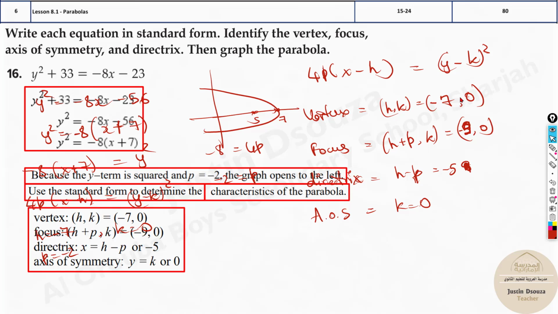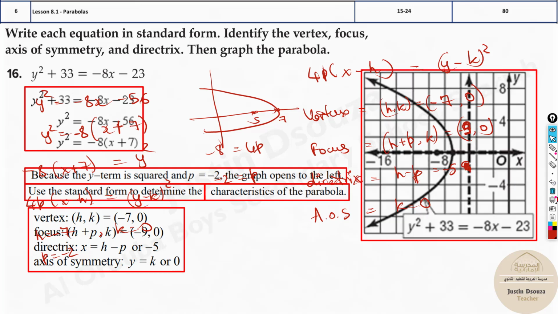Now you can see these are the correct answers: minus 7, comma 0, minus 9, comma 0, minus 5, and lastly it's K. The method was all right, but one simple minus, which I forgot to remove, made it all wrong. And that's just one mistake. And if you had these wrong answers as the options, you would have selected that. So be careful, double check, and then finalize the answers.